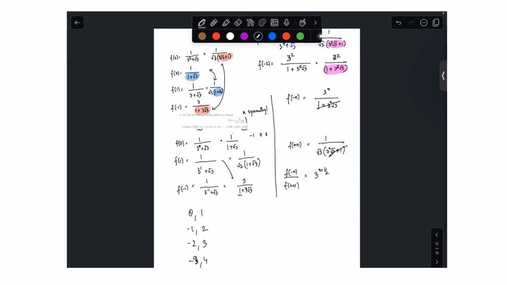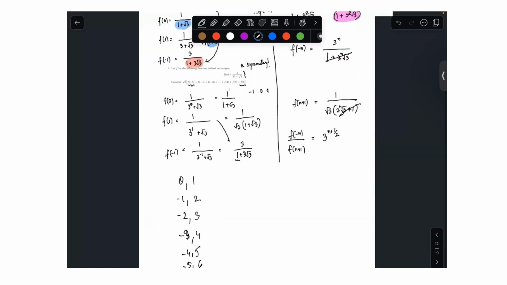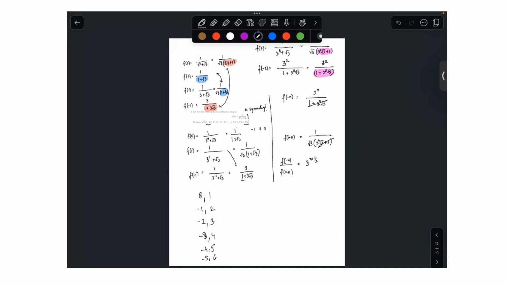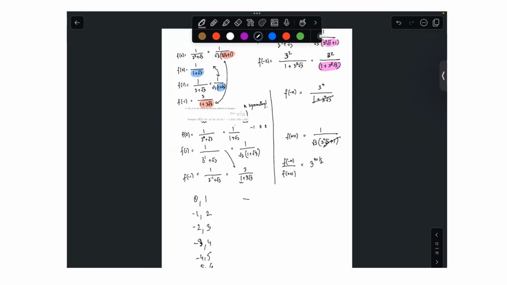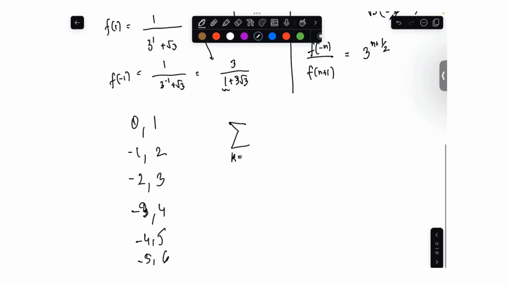So we have these 12 numbers out there. Got it, right? Perfect. So now let's see how we can again simplify it. So we have summation of k from 0 to minus 6.